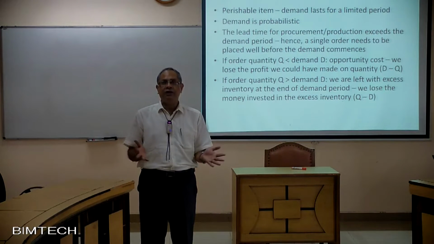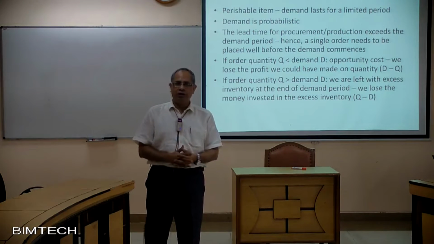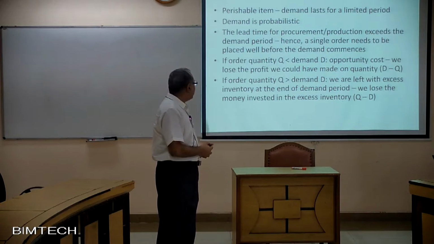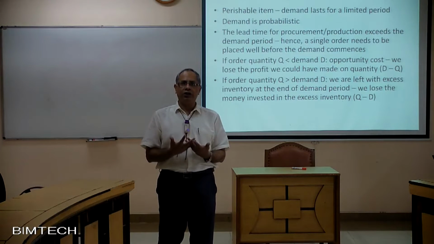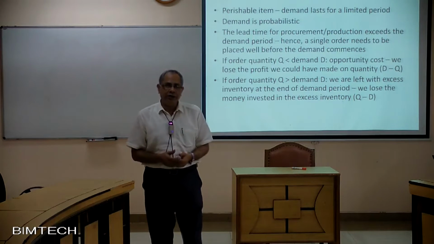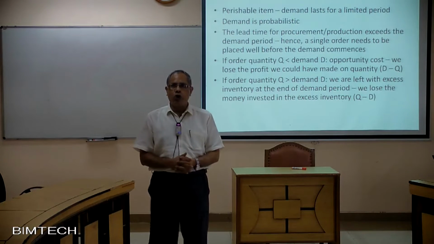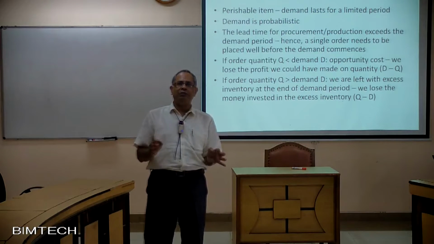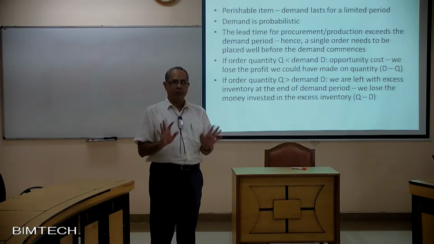We may have an idea about the probability distribution of the demand, and this distribution we can know or decide by looking at historical data. So we know the demand in the sense that we know the probability distribution of the demand during that period, but it is probabilistic.